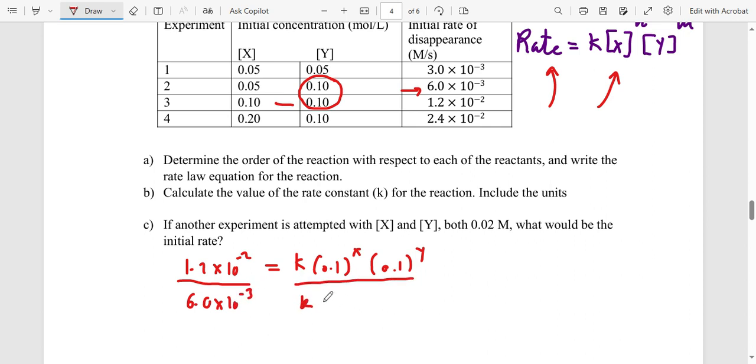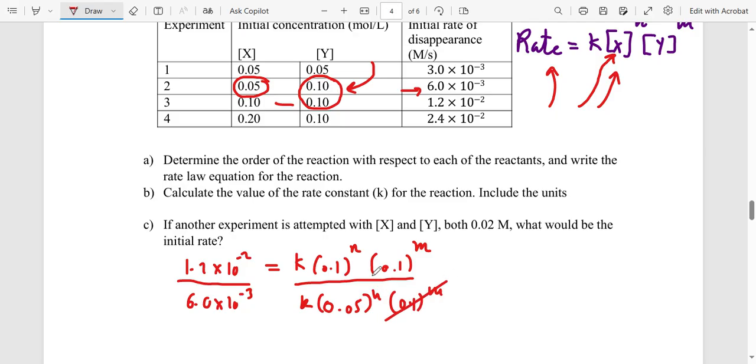That will be equal to K. This is supposed to be raised to the power N and M. So for equation 2, where there is X, we are getting the concentration for X, 0.05, and where there is Y, we are getting 0.1.